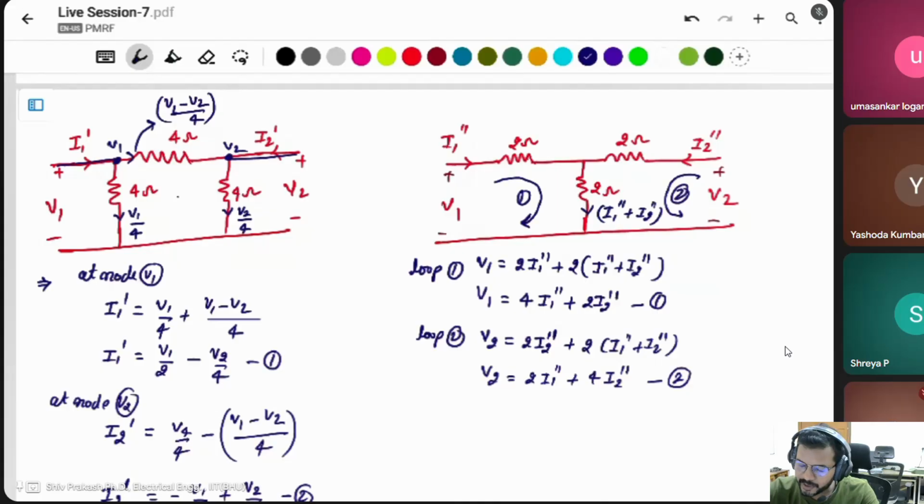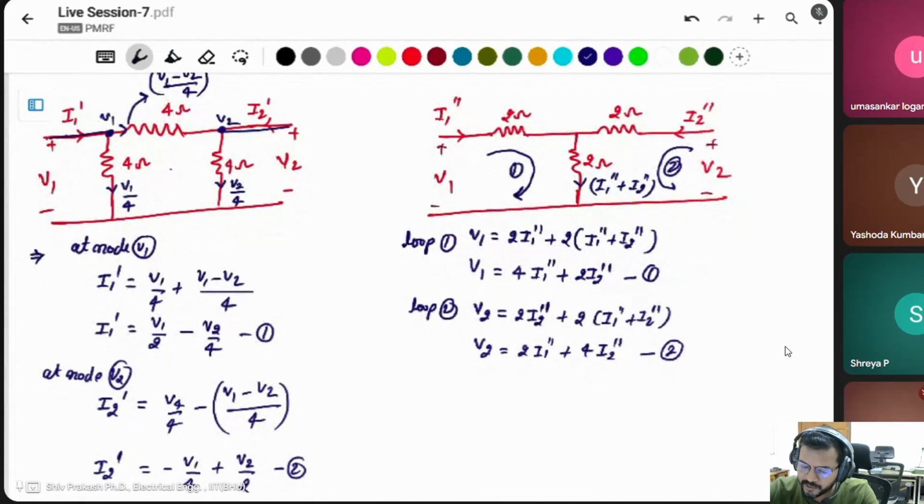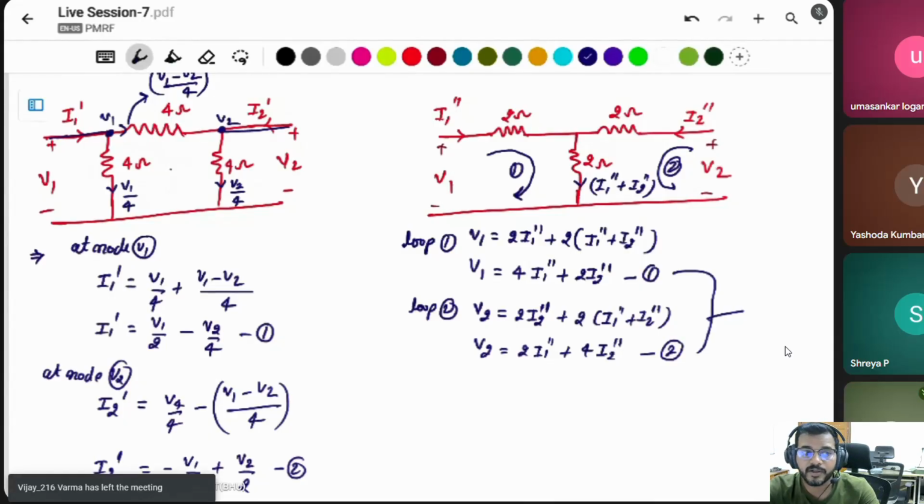Okay, but this is the Z parameter. You can take this easily. You can apply KVL and you will get the two equations. Two equations is simply the Z parameter. From the Z parameter, you have to find the Y parameter.